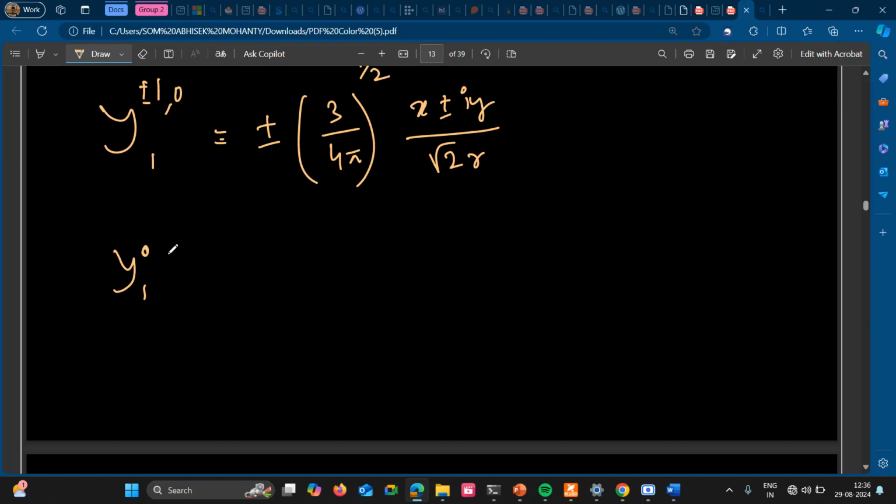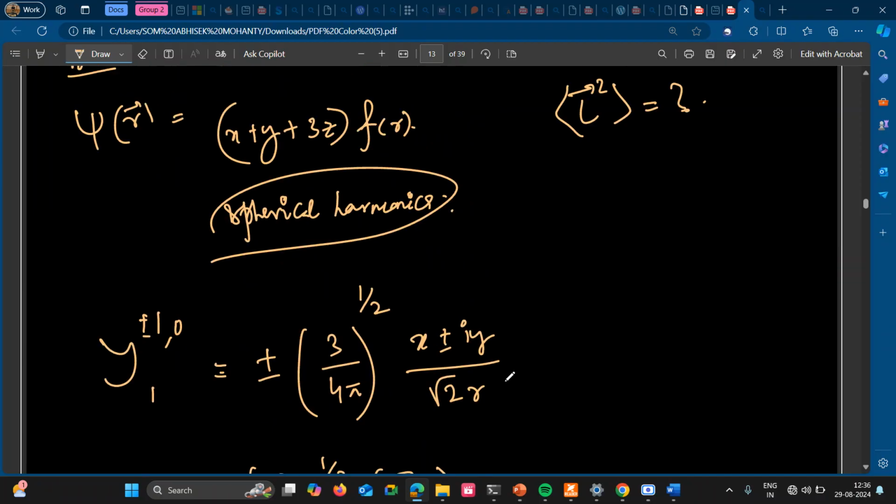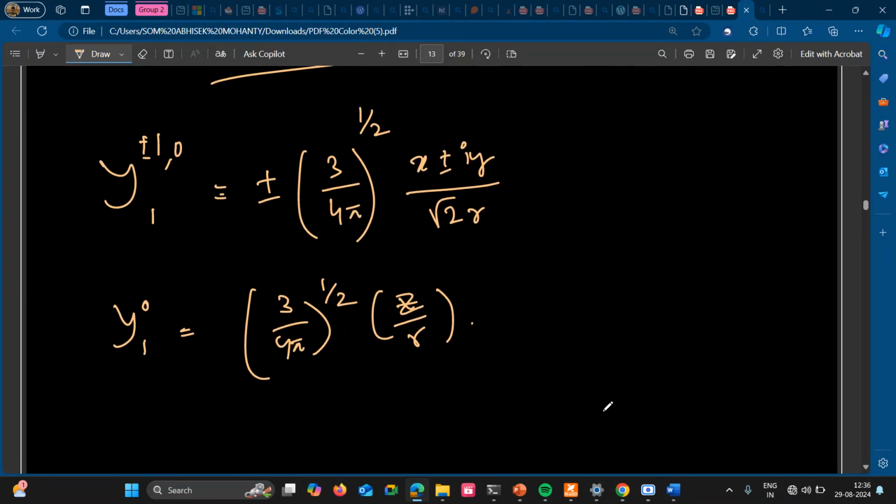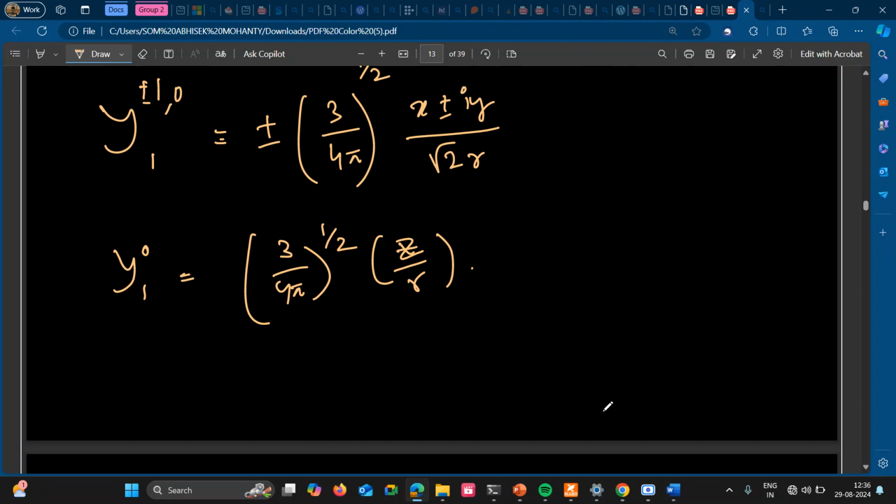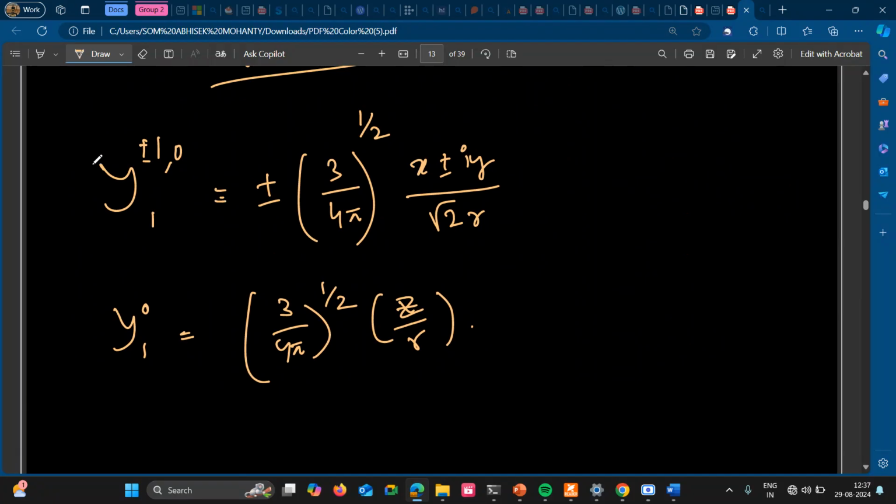Y10 is (3 by 4 pi) to the power 1 by 2 z by r. Let me write it in a simple way, I will just write plus and minus.